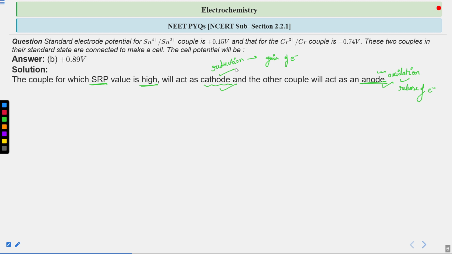Other than that, we have various definitions for explaining the reduction and oxidation process. So at the cathode, as I said, generally the gain of electrons or the reduction process happens. At the anode, generally oxidation happens.